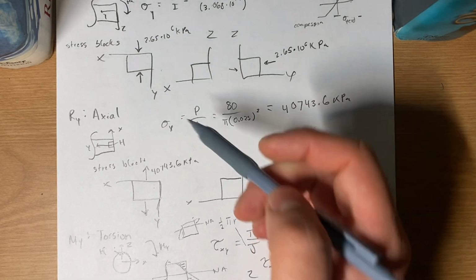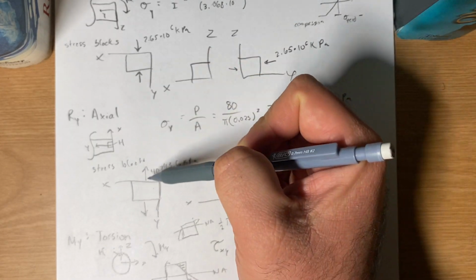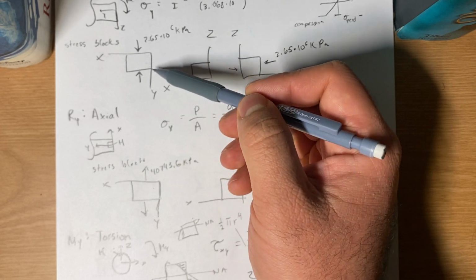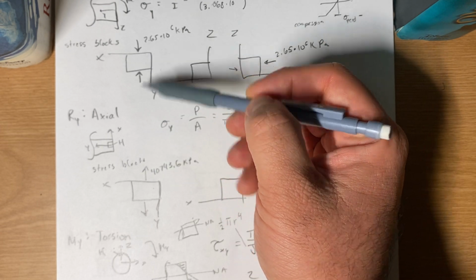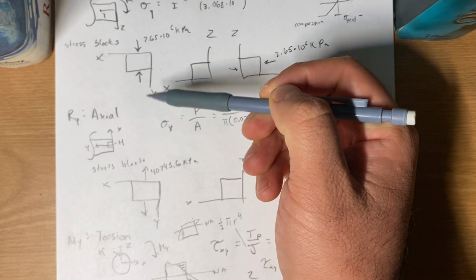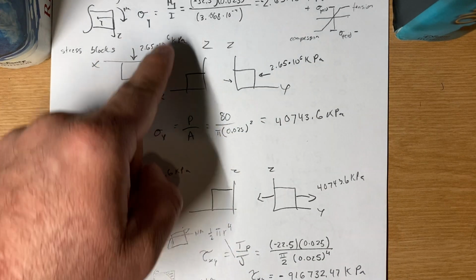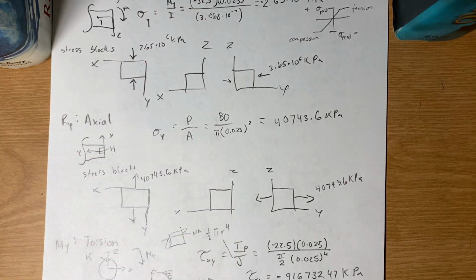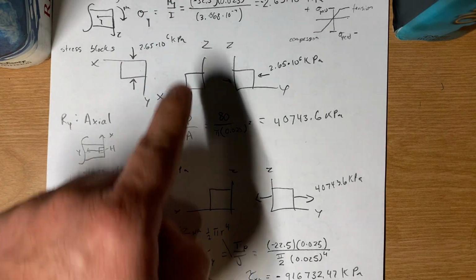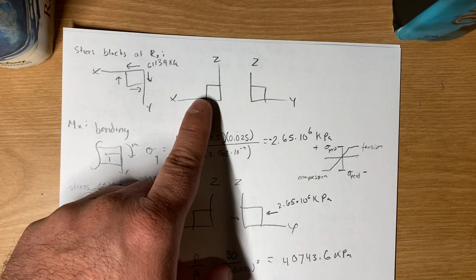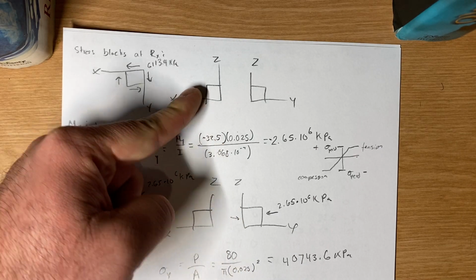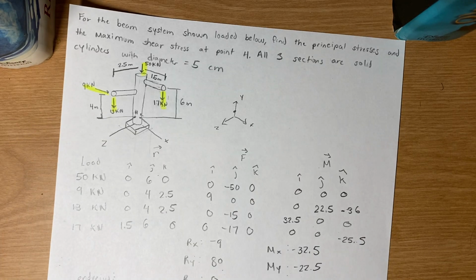Same with here. You do the same thing. You look at this. So say right here, you have one in compression and you have one in tension. So you know you're going to subtract both of each other. And you do that with all the rows. You just go down. So this one, you don't have to do anything for my XZ because I don't have anything there.